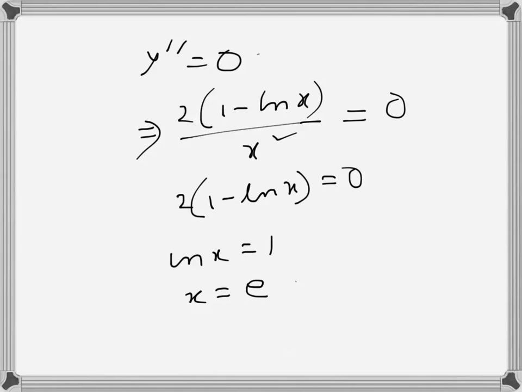If x is equal to e, y will be ln of e square, so that's 1 there.